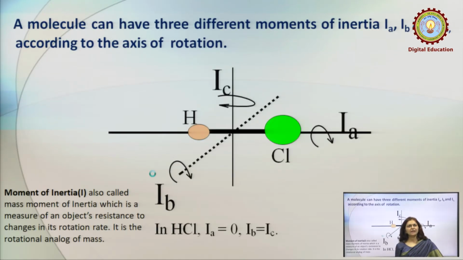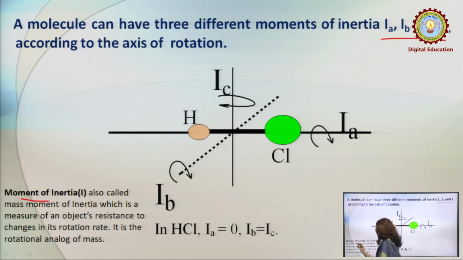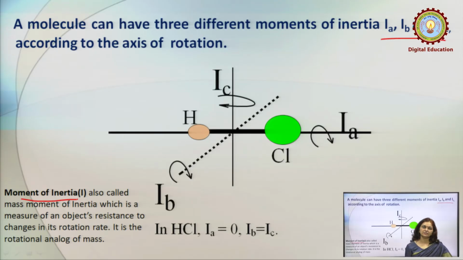A molecule can have three different moments of inertia, IA, IB and IC, according to their axis of rotation along x, y and z. Moment of inertia, also called the mass moment of inertia, is a measure of an object's resistance to changes in its rotation rate, and it is the rotational analog of mass.